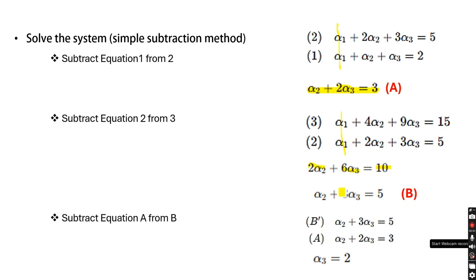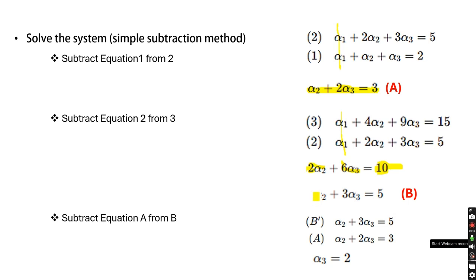And then, so, makita nato na there are values that can be divisible by 2. We have 2, 6, and 10. So, divisible by 2 siya. So, we have A2 plus 3A3 is equals to 5 after dividing the values by 2.